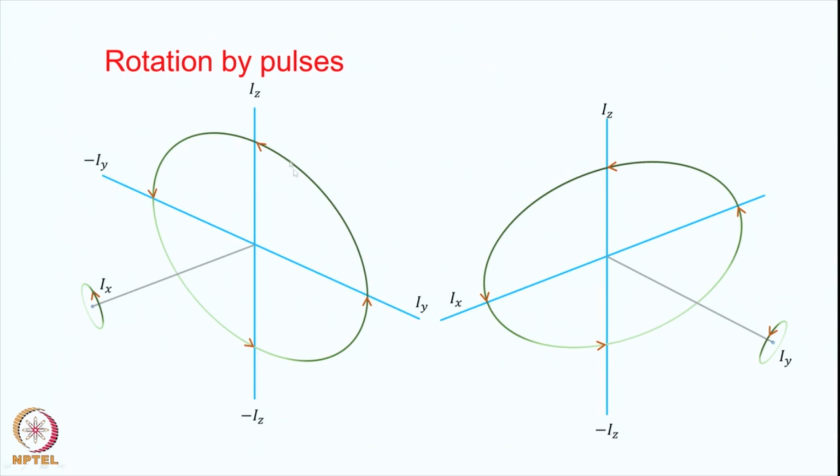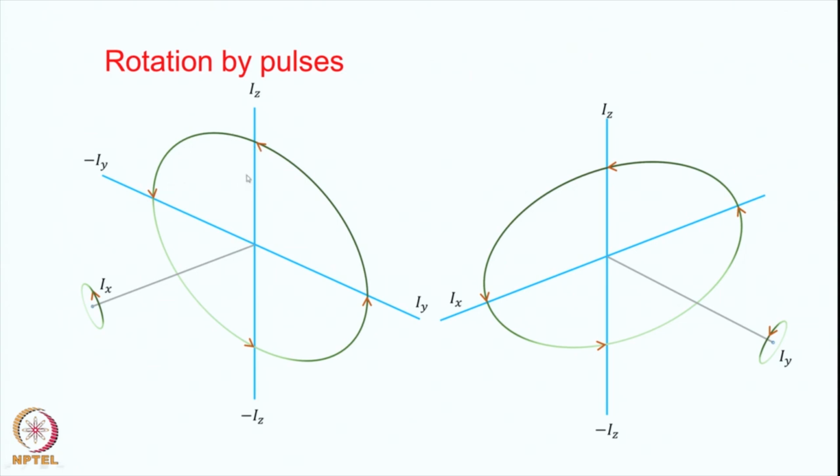About the rotation by pulses, if I have an x pulse, the Iz rotates into minus Iy. Notice here we consider a 90 degree pulse which goes into this, but you can extend this argument and say, well, I do not want to apply a 90 degree pulse, suppose I apply a 45 degree pulse, what happens? In fact, very easy to imagine here. Now we understood the principles of how the rotations are happening.